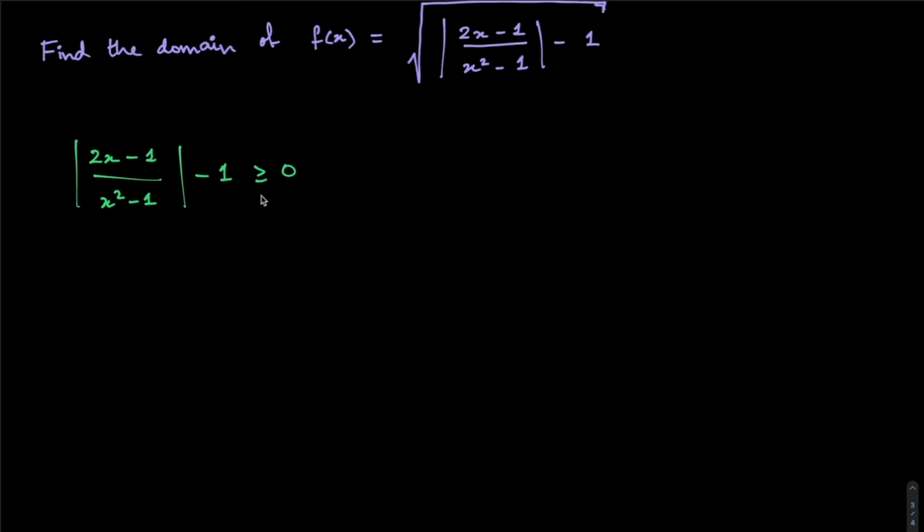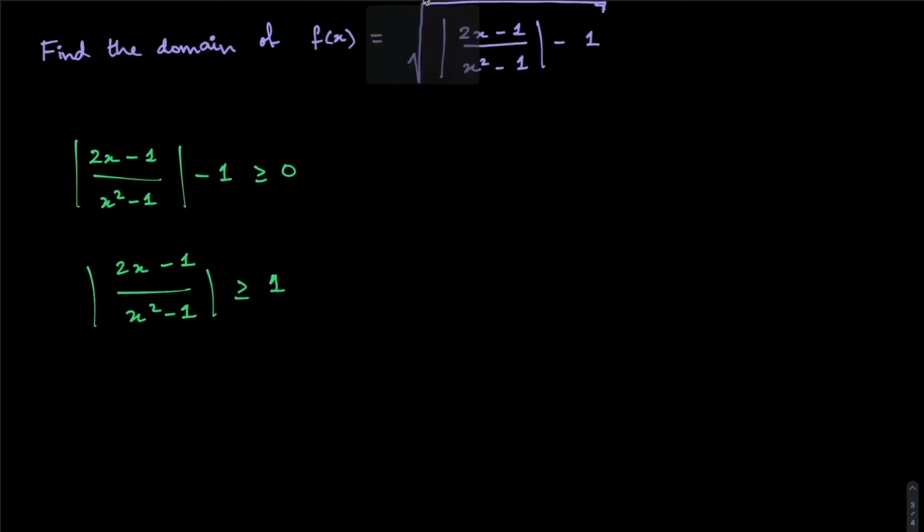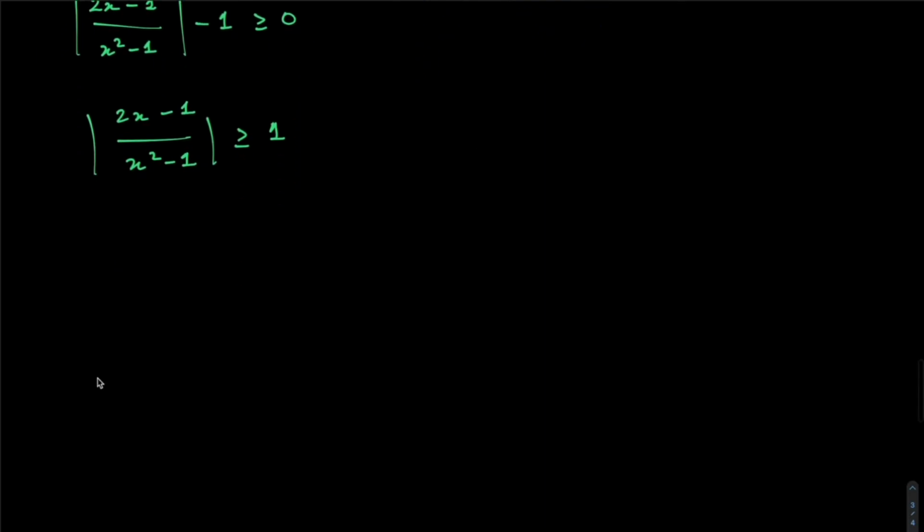So now I'm going to take the plus 1 to the other side, so I'm going to have the modulus of 2x minus 1 upon x squared minus 1 is greater than or equal to 1. Pretty simple. Okay, so now I'm going to take two cases. I'll scroll down a bit.